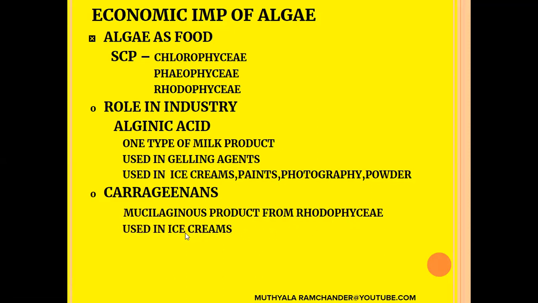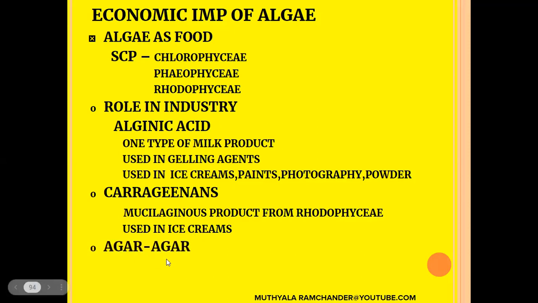So ice creams are made using alginic acid or carrageenans. Alginic acid is not a jelly product, but carrageenan is mucilaginous, used in making gelling agents, like in ice creams.